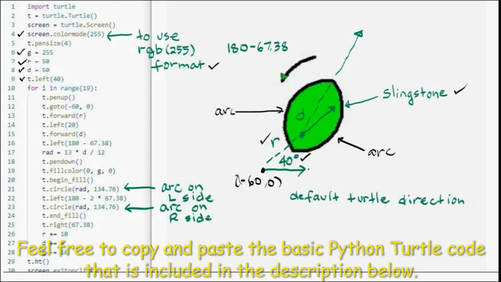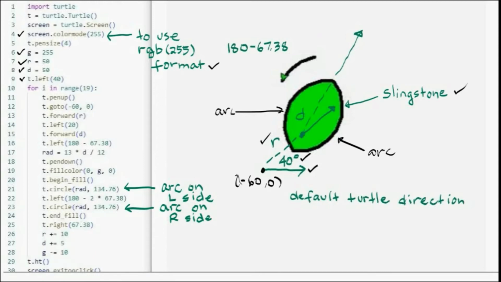Initially, the direction of the turtle is like this to the right side, but I decided to turn the direction 40 degrees to the left for just a little tilt. Okay, and then start with number 10. We have a loop here. We're gonna draw 19 slingstones.